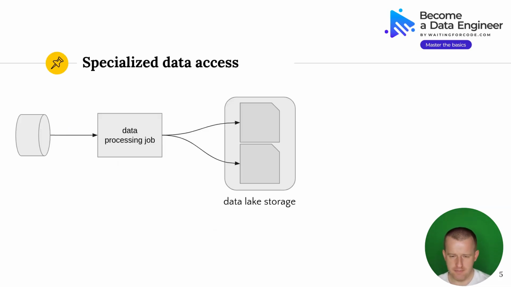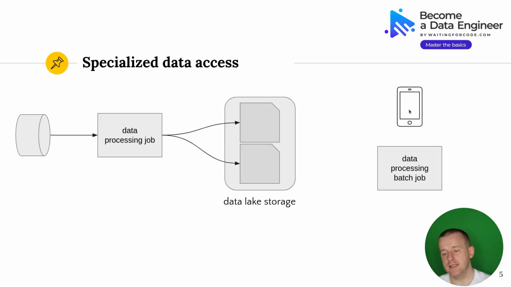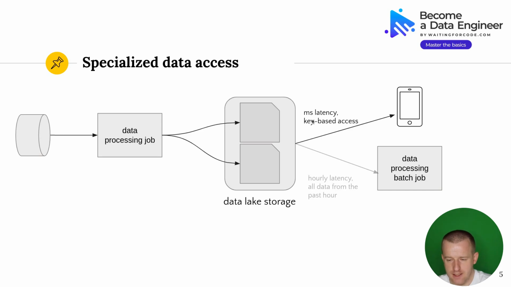First we may imagine a use case where we don't have this polyglot persistence and we have 2 different consumers. The first consumer is a mobile app and another is a data processing job. The mobile app has this requirement: it needs to read data with millisecond latency and get only some specific keys, whereas the data processing job needs to get as much data as possible to be performant, at a much higher latency because it runs every hour.